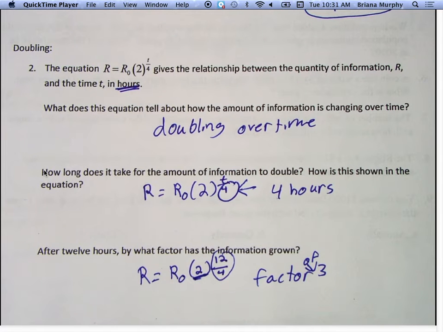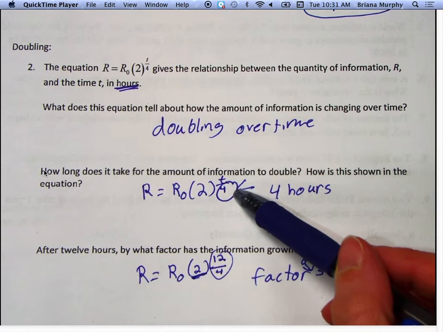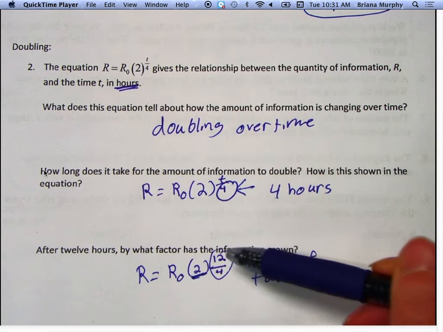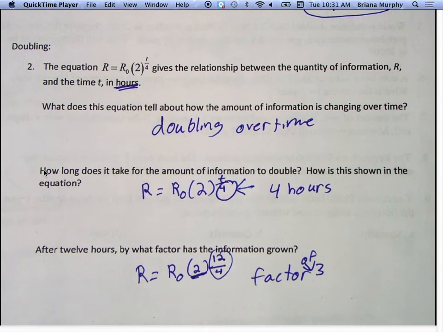It's just telling me that for 12 hours, every 4 hours it doubles. So it's telling me it doubled 3 times. Yeah, I get it. Okay. So this is telling me every 4 hours it doubles, right? So if I go 12 hours, I know it doubled 3 times. Does that make sense? I feel like I'm talking in code.